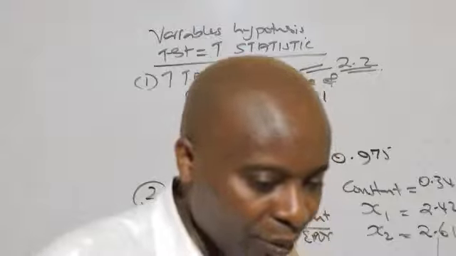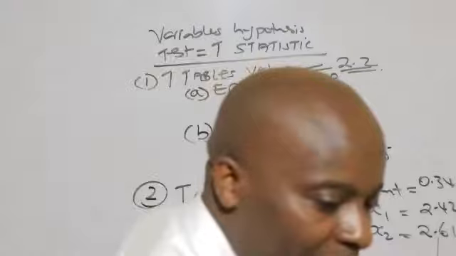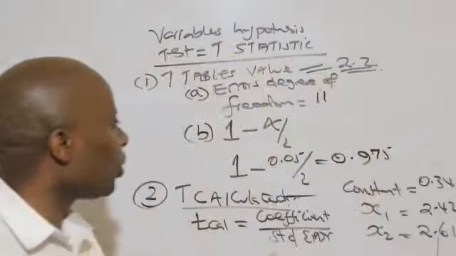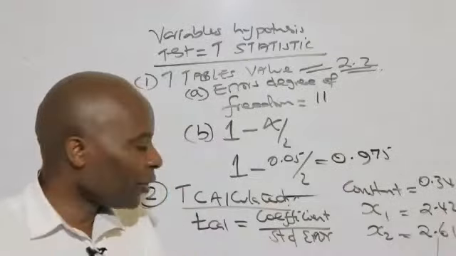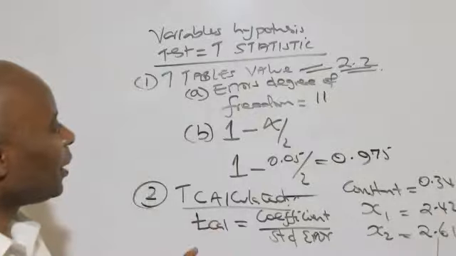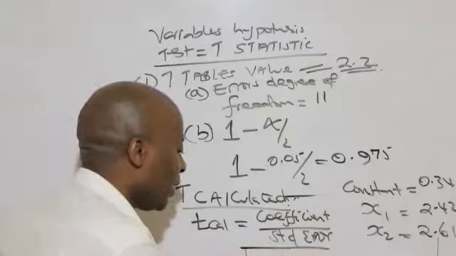Josephine wants us to repeat how to get this figure on the T table. Josephine, I want to believe that you have the T table with you. If you have this table with you, you will always be guided. You'll have 2 columns there.